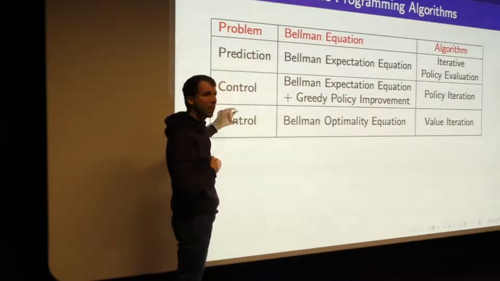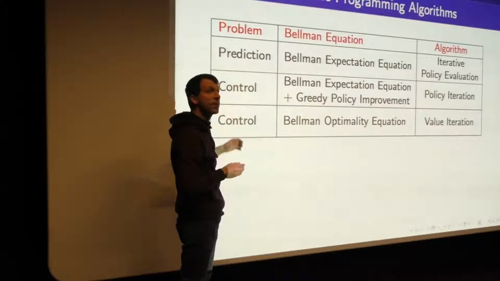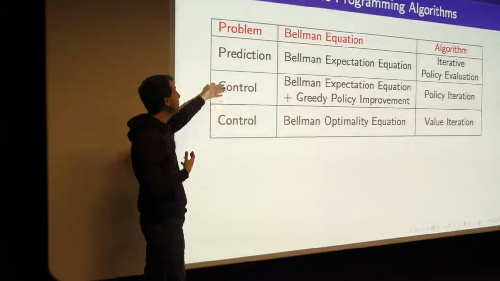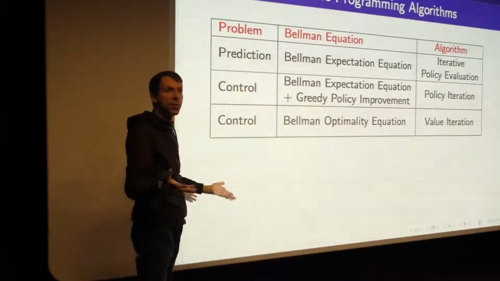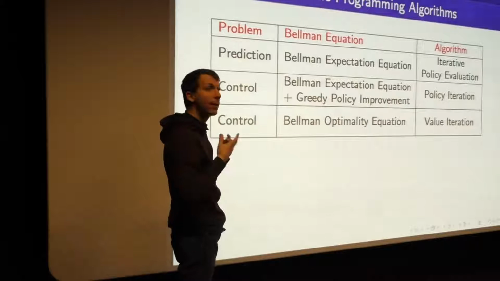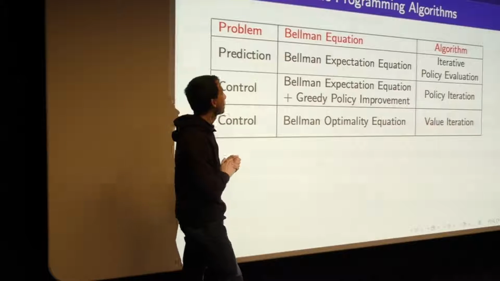Then we considered control. We considered two different ways to do control: first, using policy iteration, and secondly, using value iteration. These are two different families of algorithms that both address the same problem type, which is how to get the most possible juice out of your MDP, how to maximize the total reward, how to find V star now rather than V pi, and hence the optimal policy.